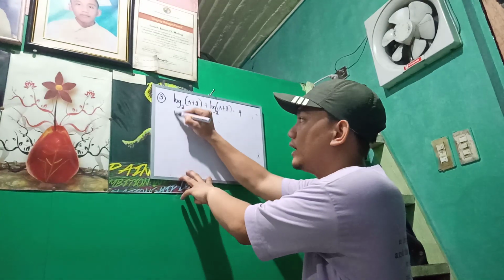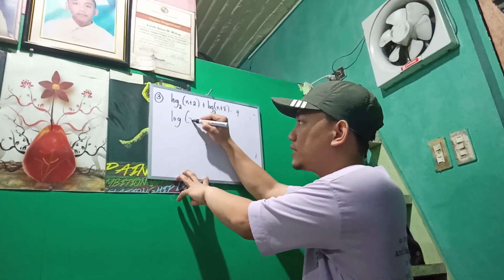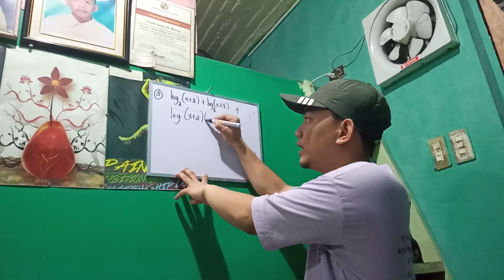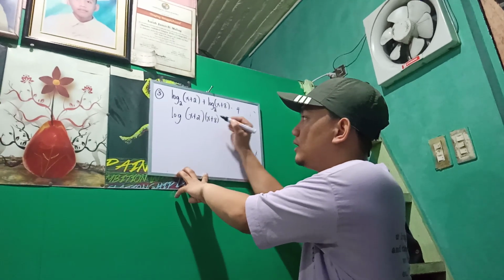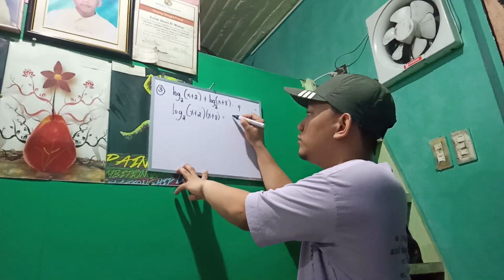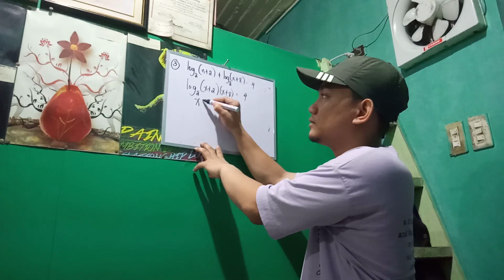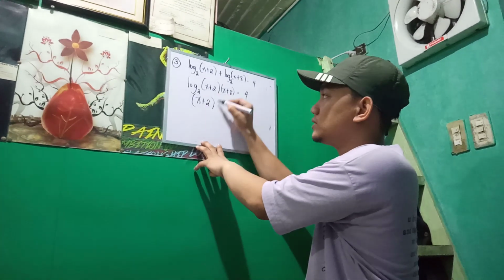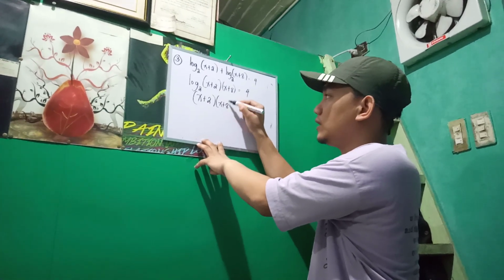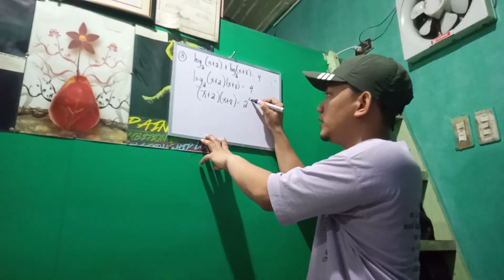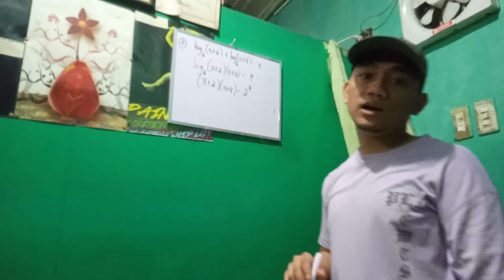So, ano mangyayari? Logarithm ng x plus 2 multiplied by x plus 8 base 2 is equal to 4. Multiply na natin. Then, convert exponentially. So, that is x plus 2 times x plus 8 equals 2 raised to the 4th power.